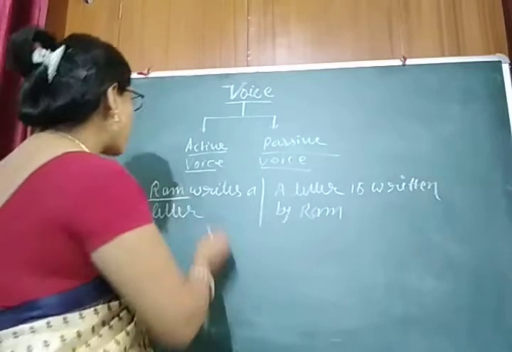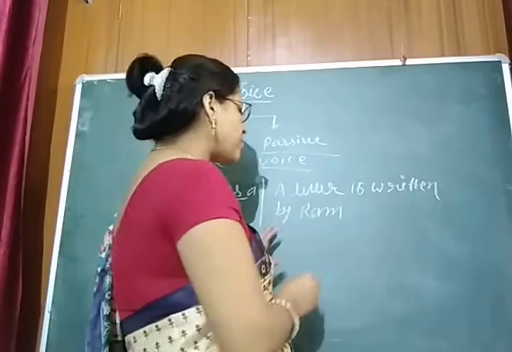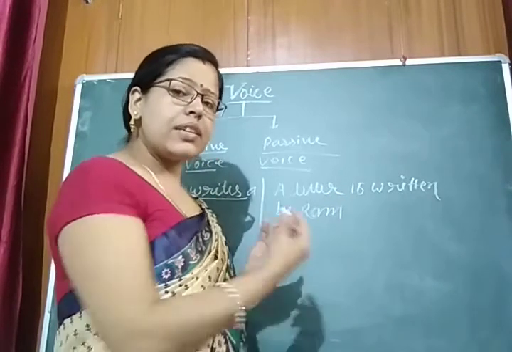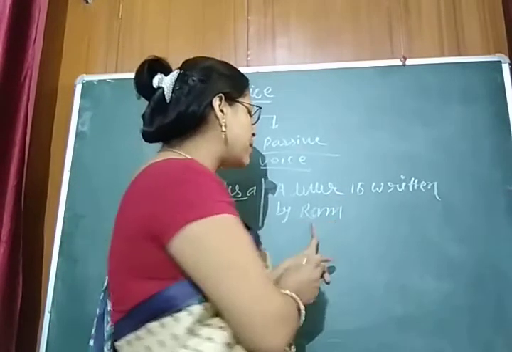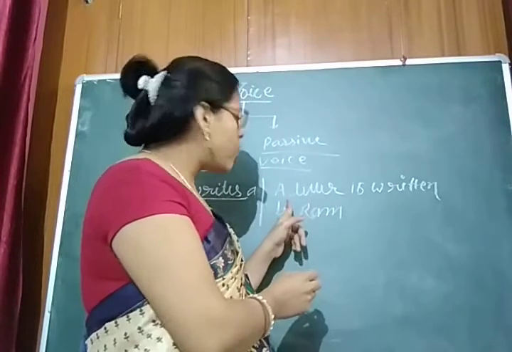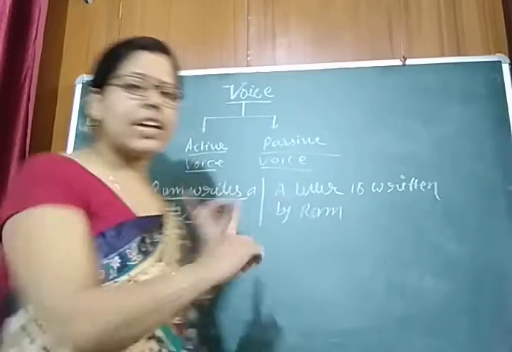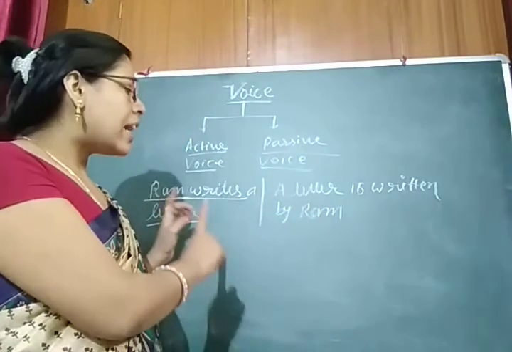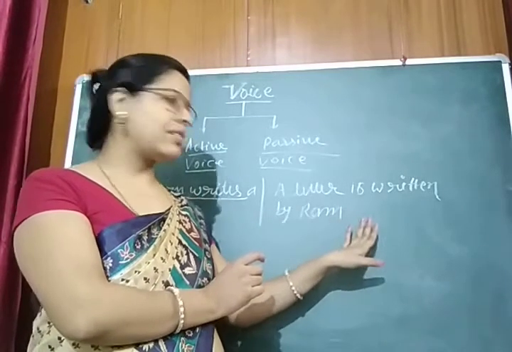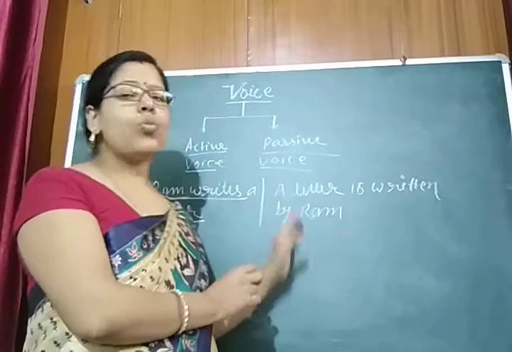All right, that is why this sentence reflects here what? Active voice. Now here, a letter is written by Ram. So where is the subject? The main subject is here. In the second sentence, Ram is not active at all, like in the first sentence. That means the doer of action is not active in this second sentence, and that is why this sentence is in passive voice.